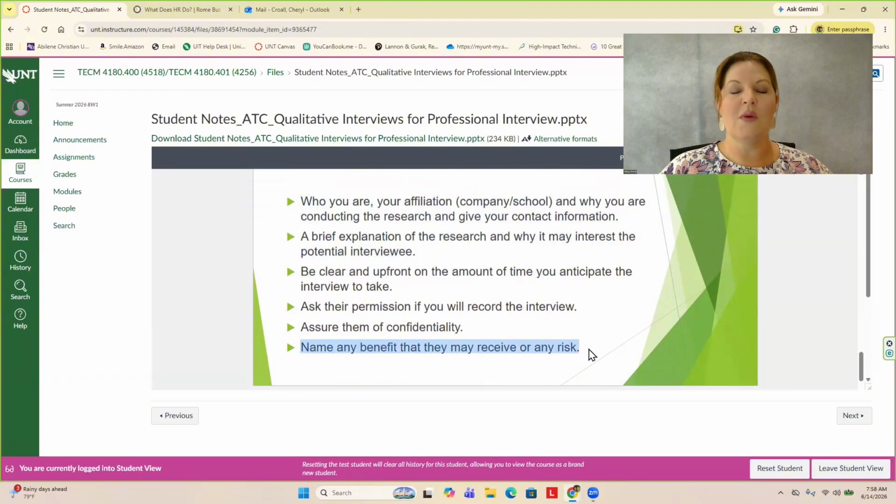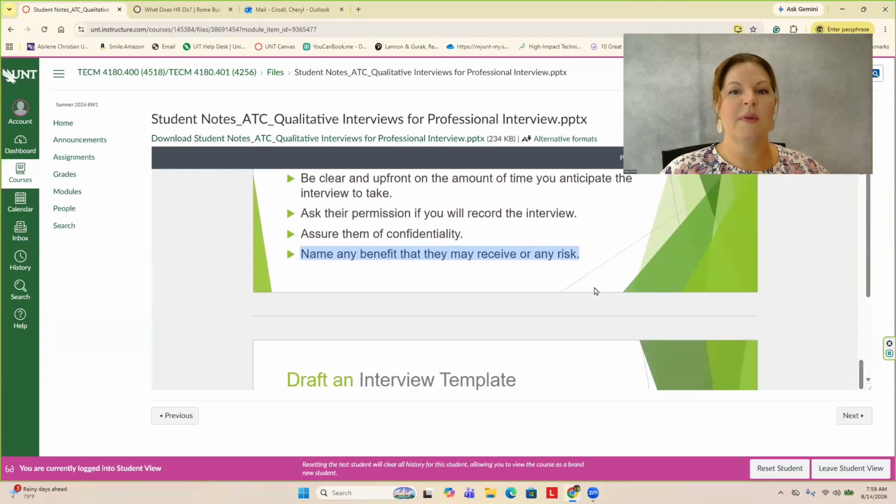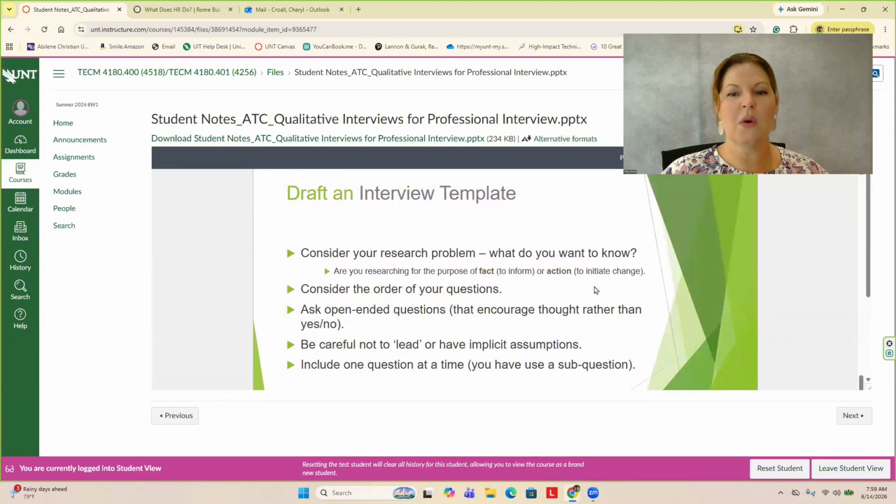So ethically, when we conduct research, this is something that we include, but it typically is for more involved research than this type of interview that we're doing today. If you think about doing medical research, you can certainly understand why you would need to include something like this. But for ours, you don't need to worry about that.